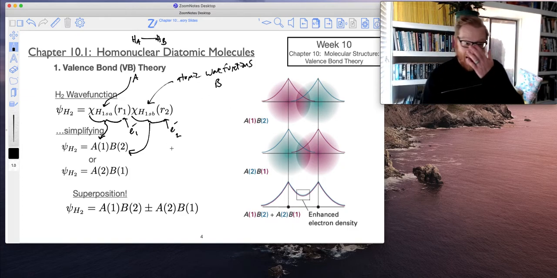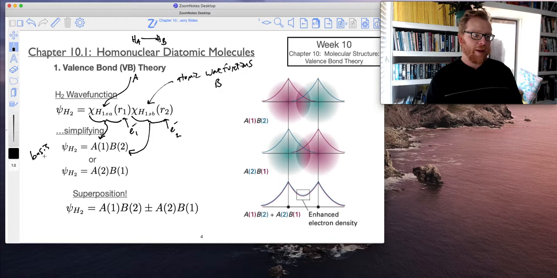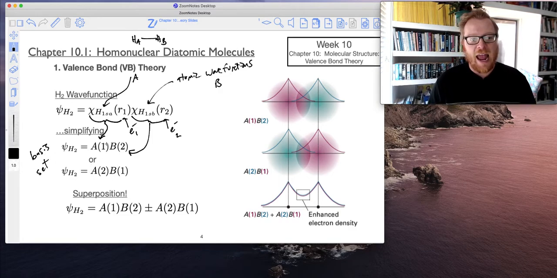And now, of course, we have to remember our special case of the Pauli exclusion principle, and that is we have to be able to exchange labels on the wave function. And if I do that, it has to change sign. So what ends up happening now, we get this possibility that we call a basis set. These are the two terms in our basis set, which could be A1B2 or A2B1.